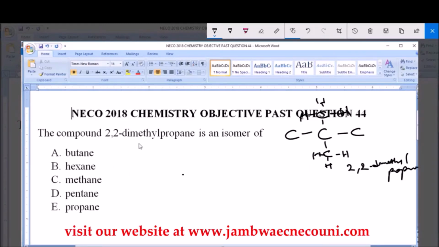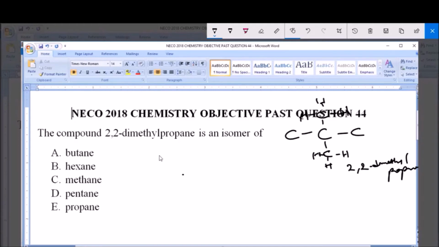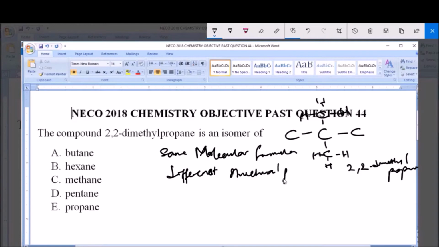Now they are asked that this is an isomer of what? Like we know, isomers are two compounds having the same molecular formula but different structural formula. Those are isomers.